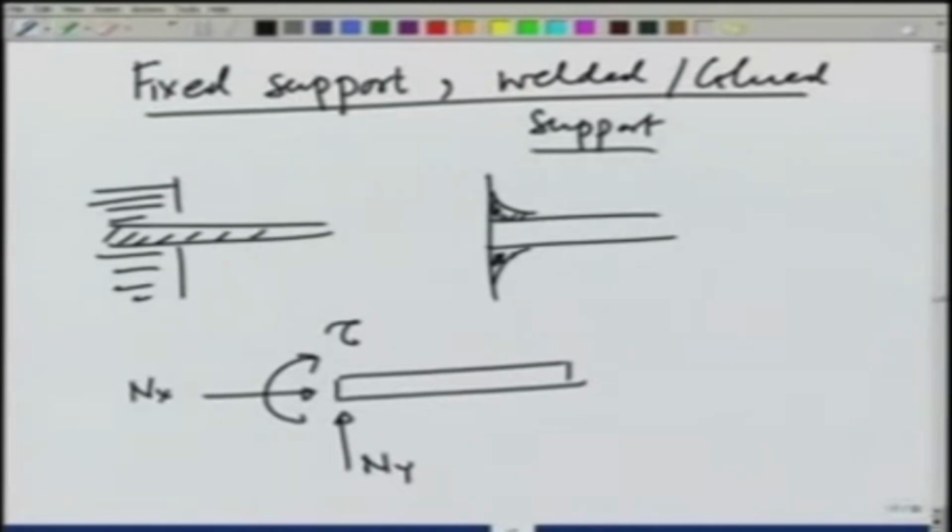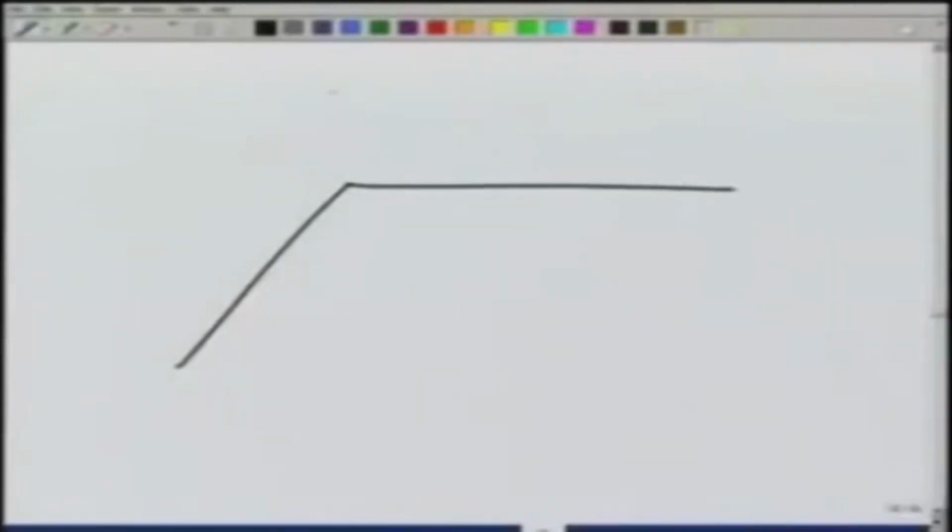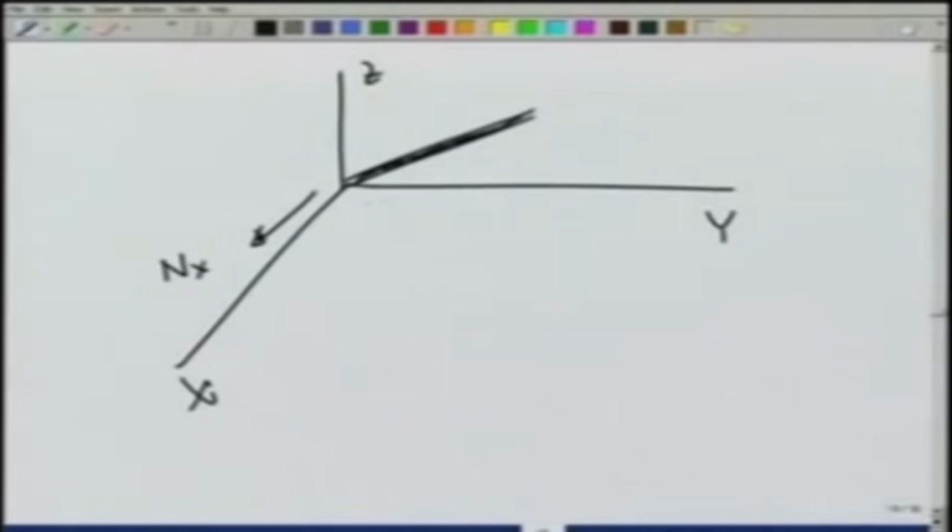The 3-dimensional generalization of this is going to be again a beam either fixed in a wall or something which is glued or welded at its corners, but now given x, y and z directions, and suppose this is the fixed support, it can provide a force in x direction, it can provide a force in y direction, and in addition it can provide a force in z direction.